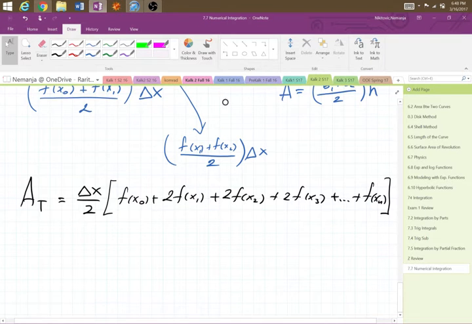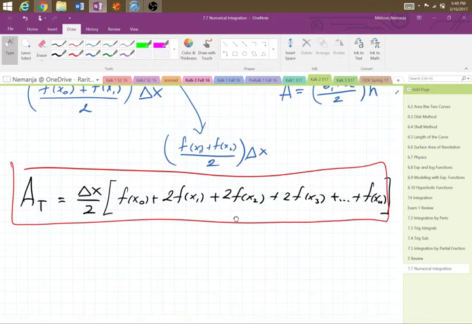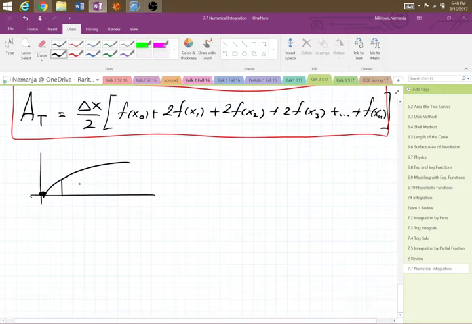So this over here is the trapezoid formula. And we can use this on our previous example. So I'm just going to draw again the square root function. 1, 2, 3, 4.